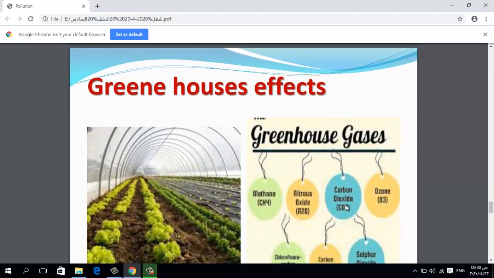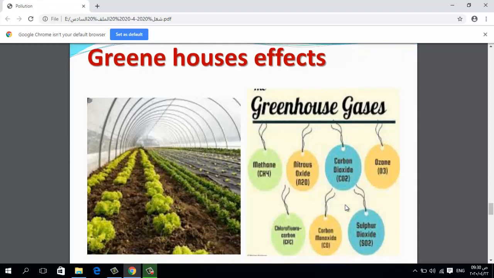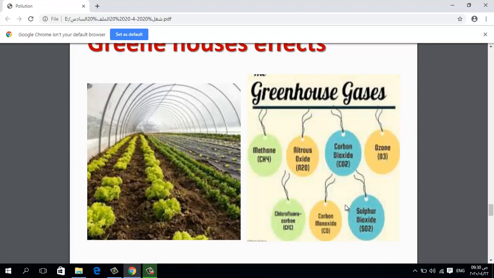So now let us go to another type of pollution, and a dangerous type also: the greenhouse effect. This greenhouse effect is caused by many gases that the greenhouses release. As you can see on your left in this picture, methane, for example, and carbon dioxide.